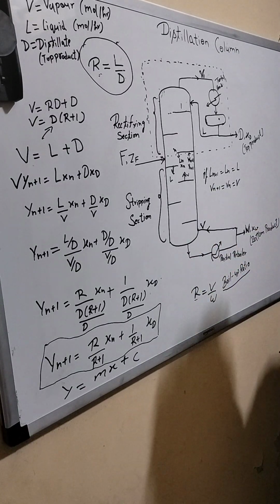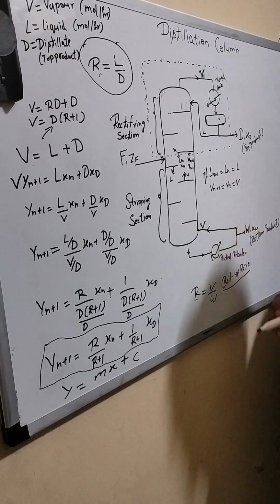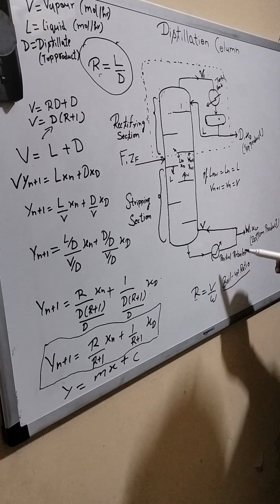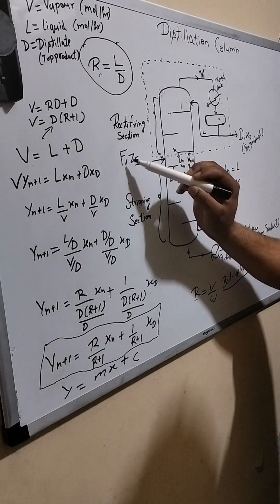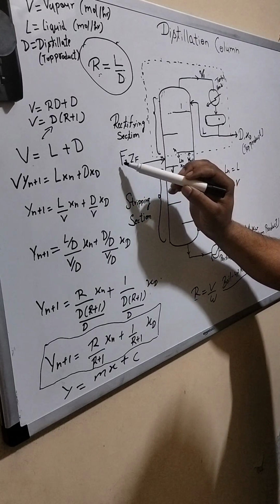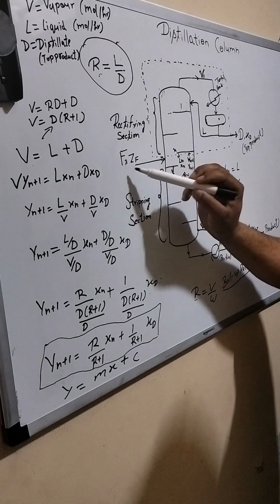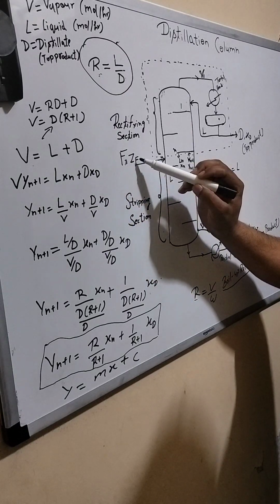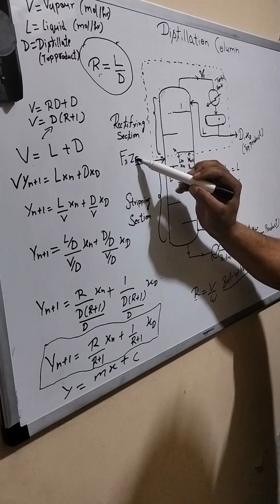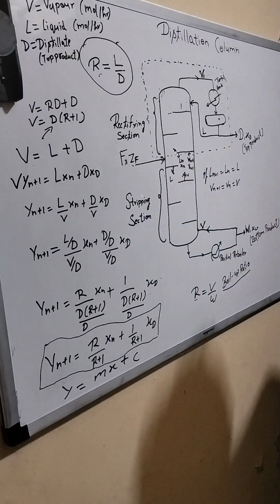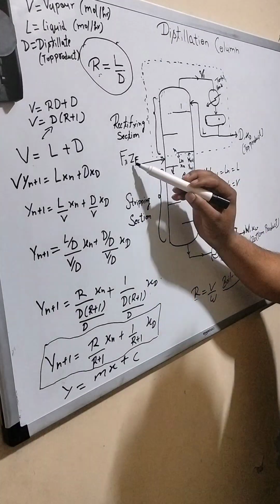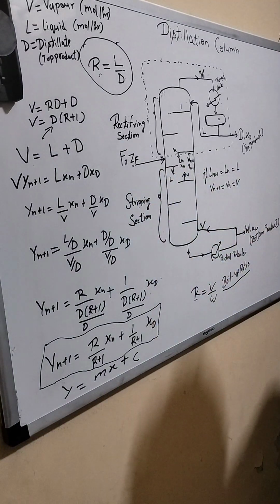Now we will come to the part on material balance. Suppose your feed is F mole per hour and having ZF, which is nothing but the mole fraction of the more volatile component in the feed.